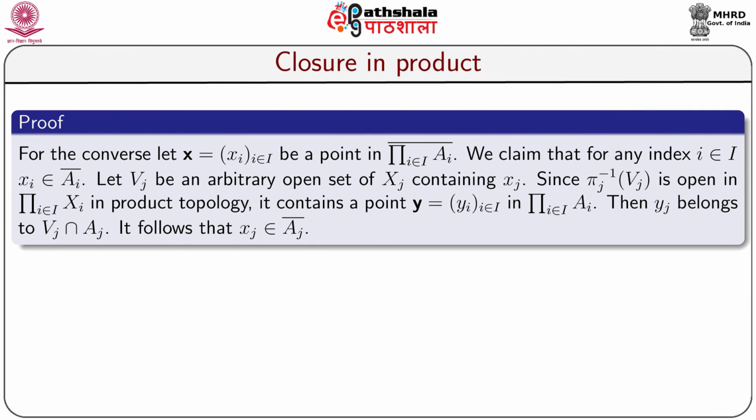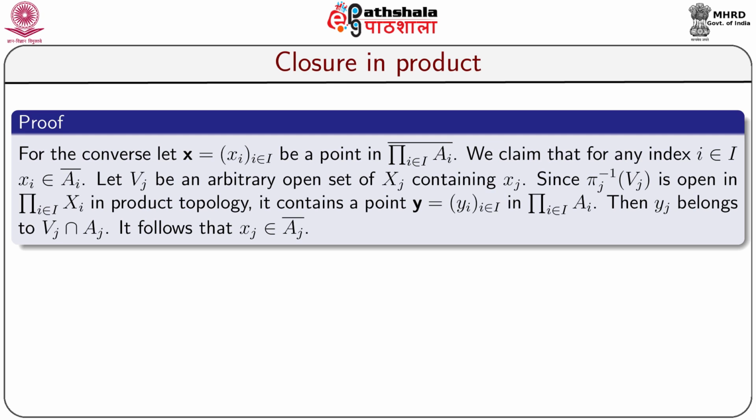For the converse, let x be a point in the closure of the product of A_α. We claim that for any index β in I, x_β is in the closure of A_β. For this we have to show that any neighborhood V_β of x_β in the topological space X_β meets A_β.